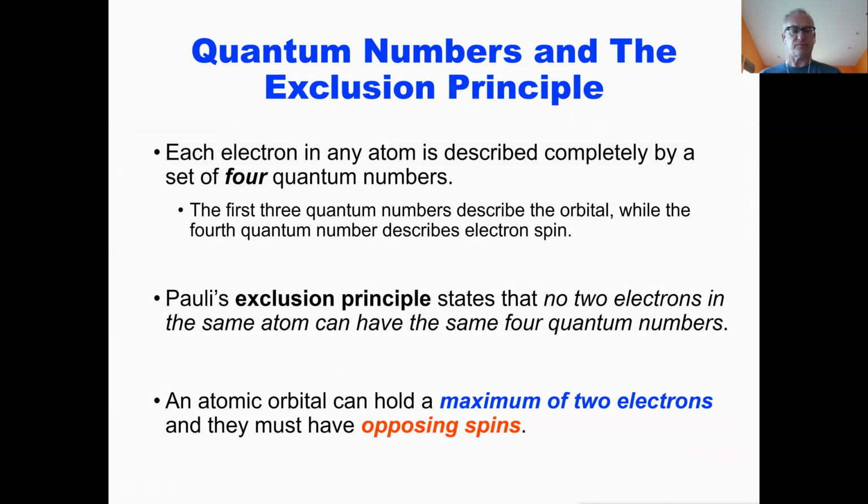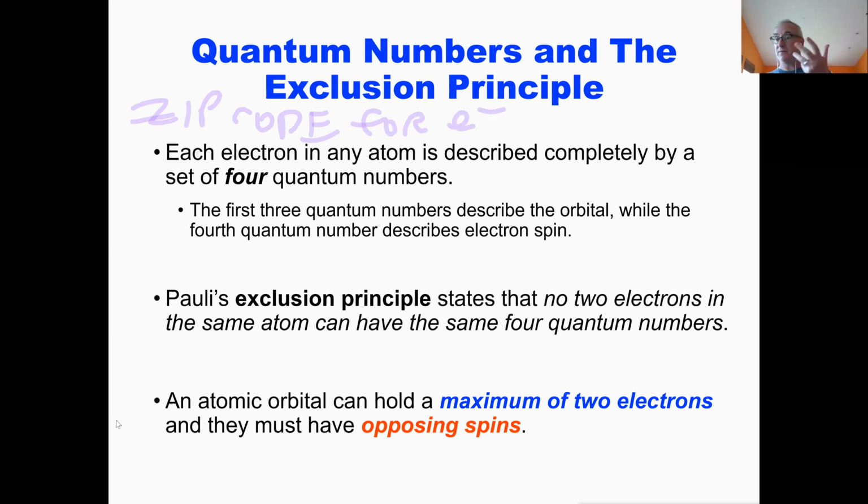And so when we plug the values into these wave equations, we find out that we can basically describe any electron with 4 numbers. And we're going to spend a lot of time on this. 4 numbers, basically an address. It's going to be like a zip code for electrons.